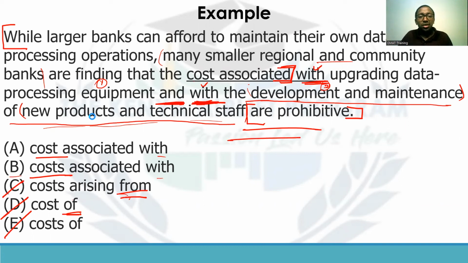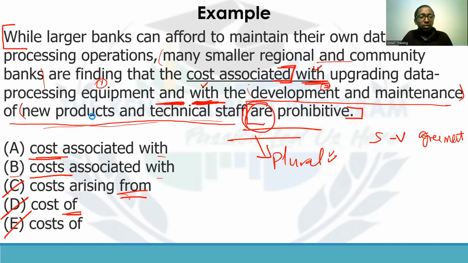So if you say the cost associated with these and these are prohibited, because this one now is plural and you need subject-verb agreement. So you know that whatever subject should be plural. So for that reason, you can straight away eliminate "cost".